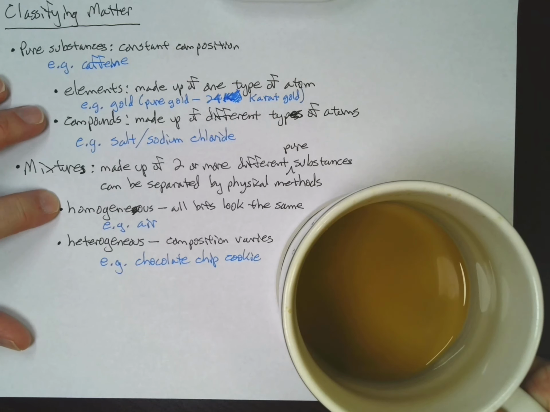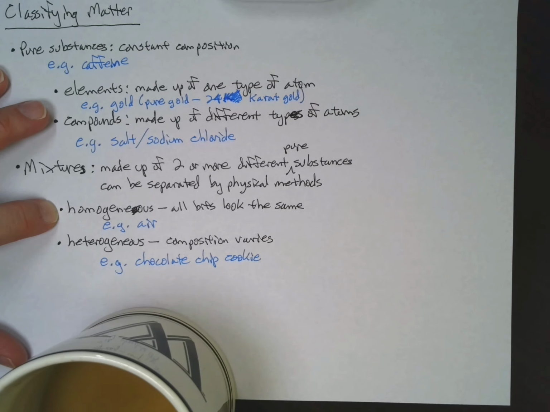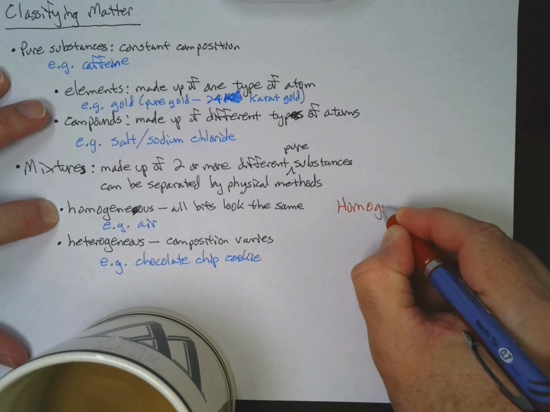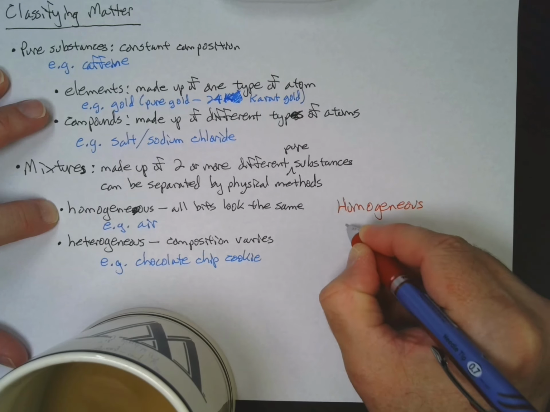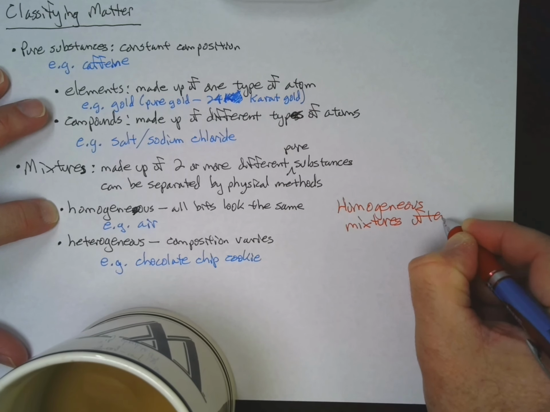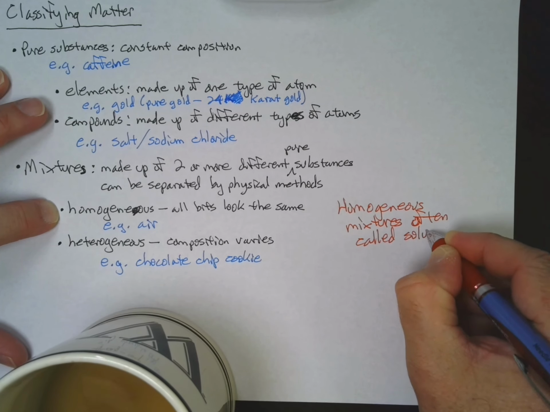And what type of mixture? Well, it looks pretty homogeneous. We often refer to homogeneous mixtures as solutions. So let's just say here, homogeneous mixtures, often called solutions.